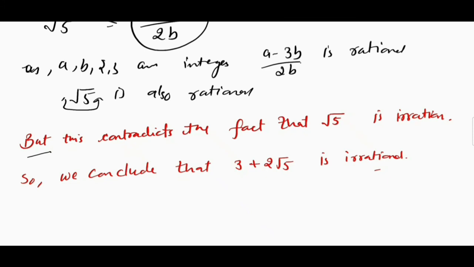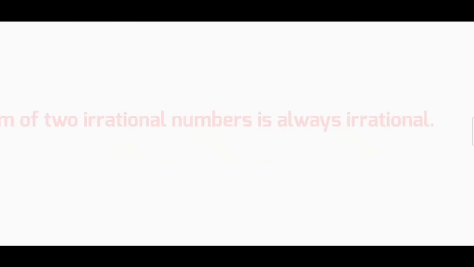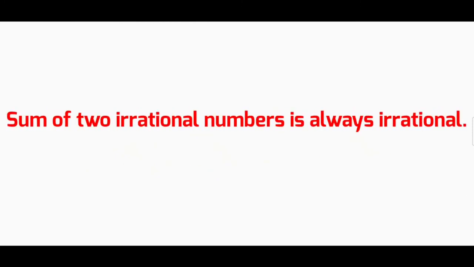So this contradicts the fact that square root of 5 is irrational. So we conclude that 3 plus 2 square root of 5 is an irrational number. Next, we also know the sum of one irrational number with another irrational number is not always an irrational number.